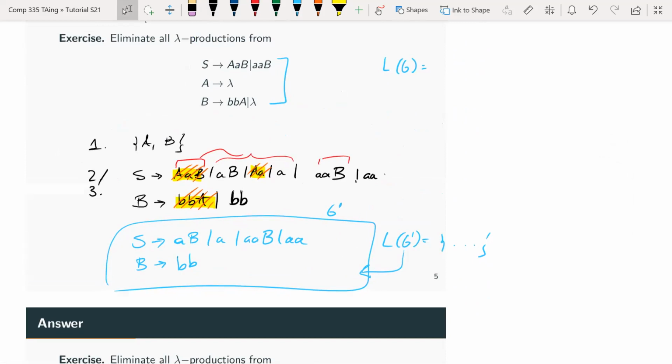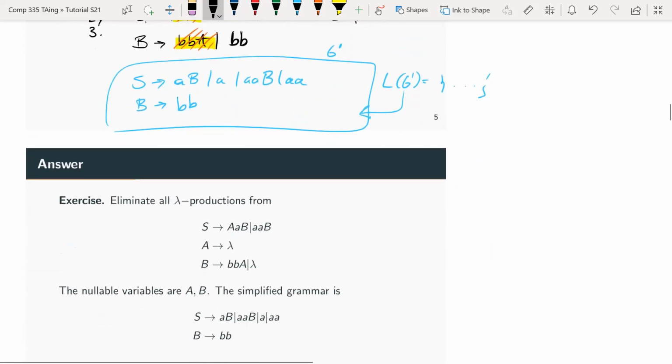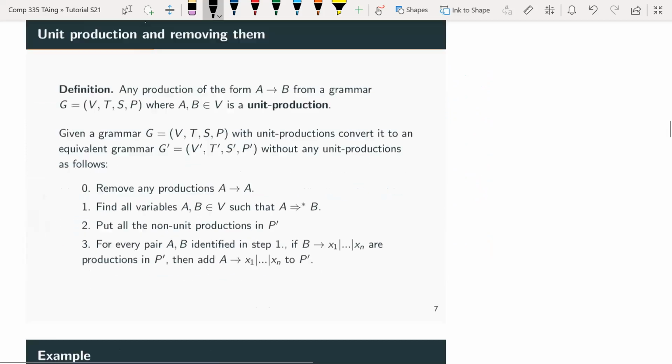So replacing B here by BB is not a step in the simplification. It's a step that you can use to help yourself understand what the grammar is, but it's not a simplification step. If I go to the next, let me explain what this step is, and then I'll show you why the replacement you were describing doesn't fall into this.